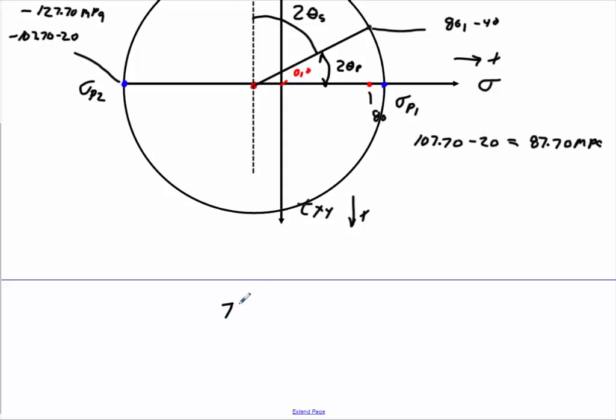The tangent of 2 theta P1 is equal to the rise, which is negative 40, over the distance from here to here. Let me draw that as a line so we can see where that would be. There's my right angle there. How far did I come over? I came over 100. If we do that here, that's going to give me a value of negative 0.40.